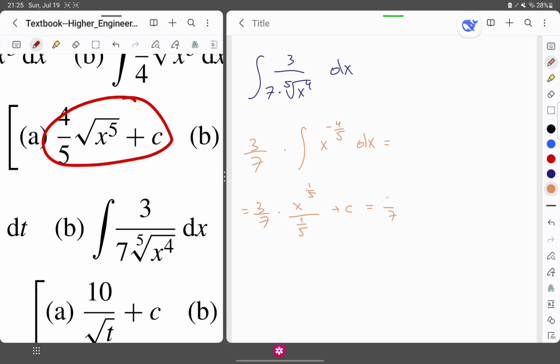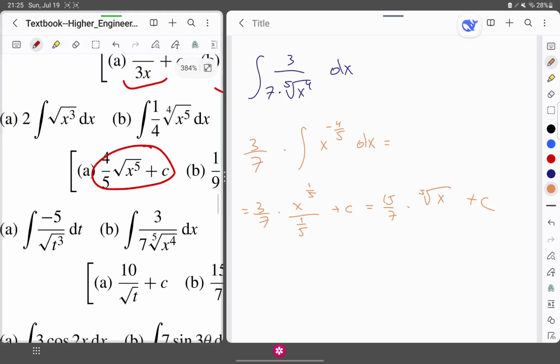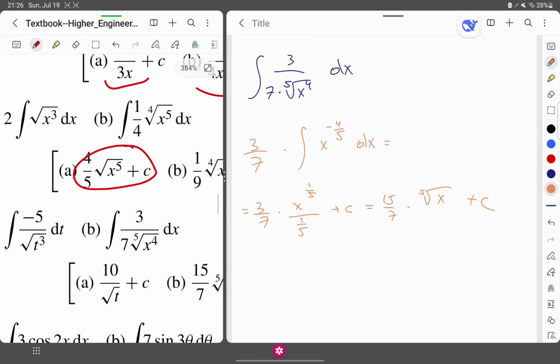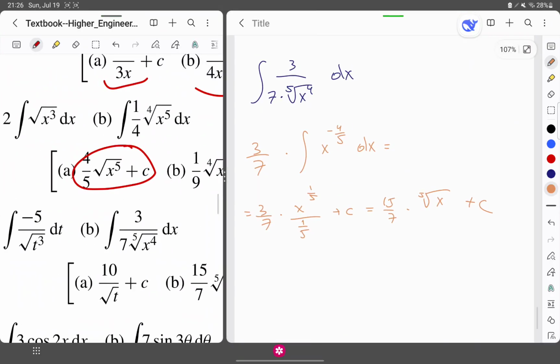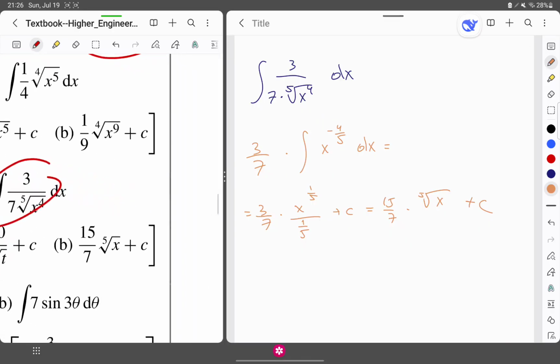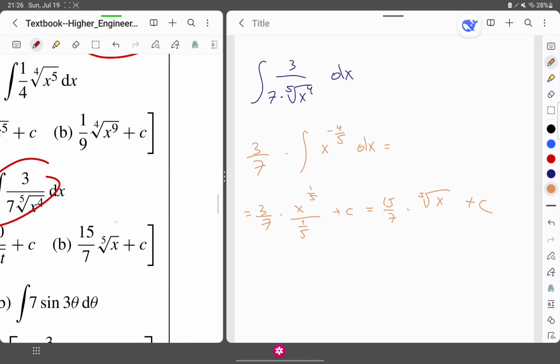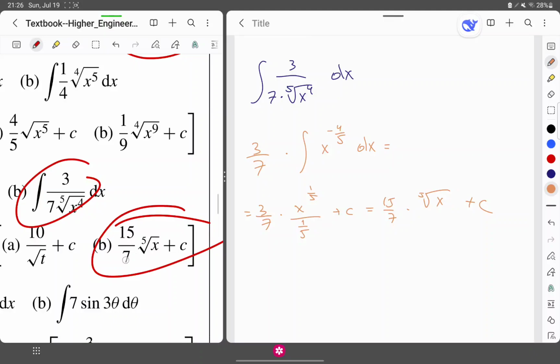Okay, 15 over 7 times x to the power of 1 over 5 plus c. Is that true? Where is this one? 3 over this one. Yeah, exactly the same. Look, good job.